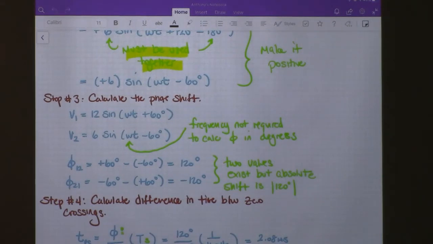That can only be done in that simple way if they are both in the same form: both sines or both cosines, and both with the same sign of the amplitude.